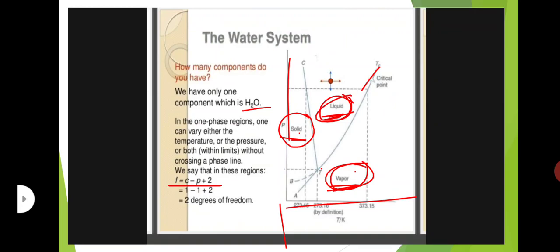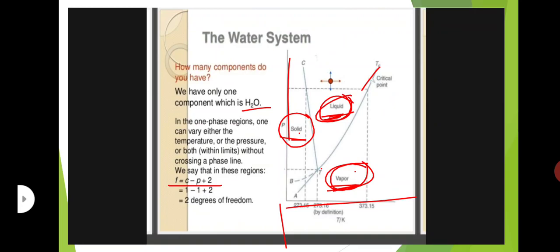Next is the water system. Here in the water system, we have only one component, that is H2O. In the one phase regions, one can vary either the temperature or the pressure or both without crossing a phase line.